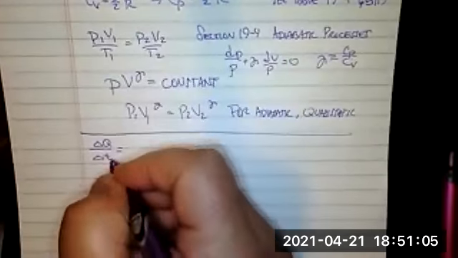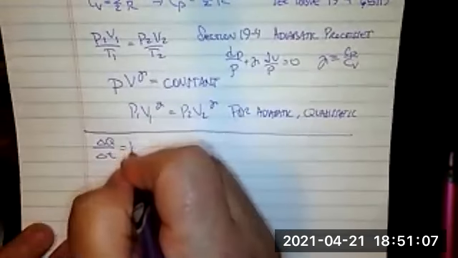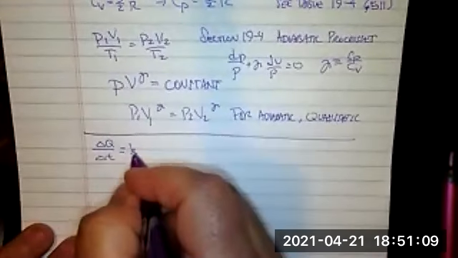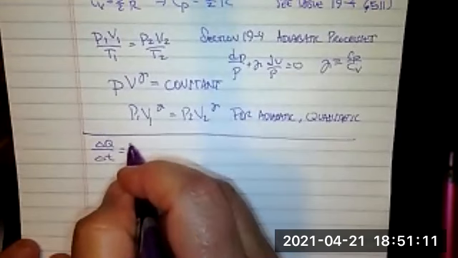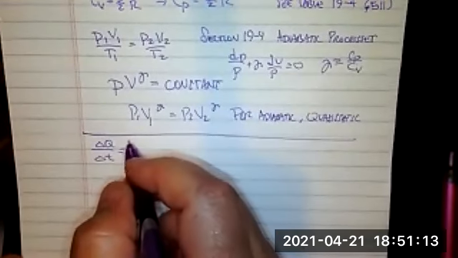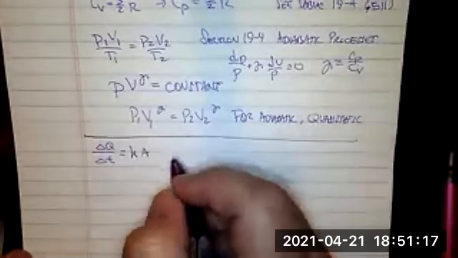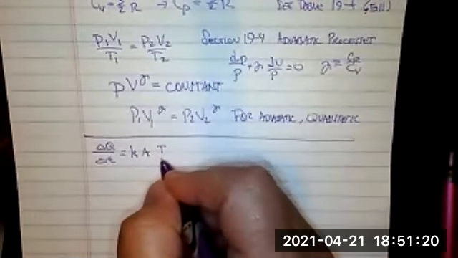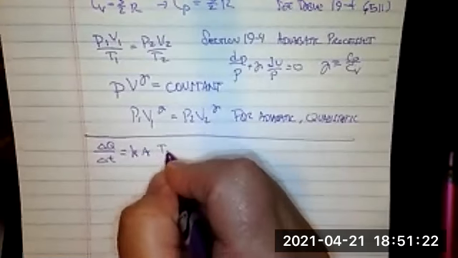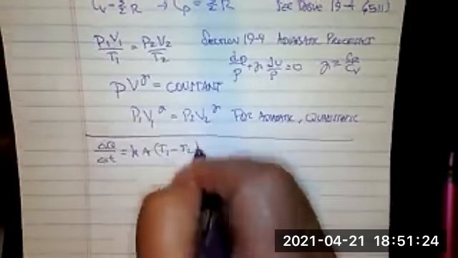That turns out to be equal to some constant related to the material you're dealing with, times the surface area A, times the difference in temperature, T1 minus T2, over the length.